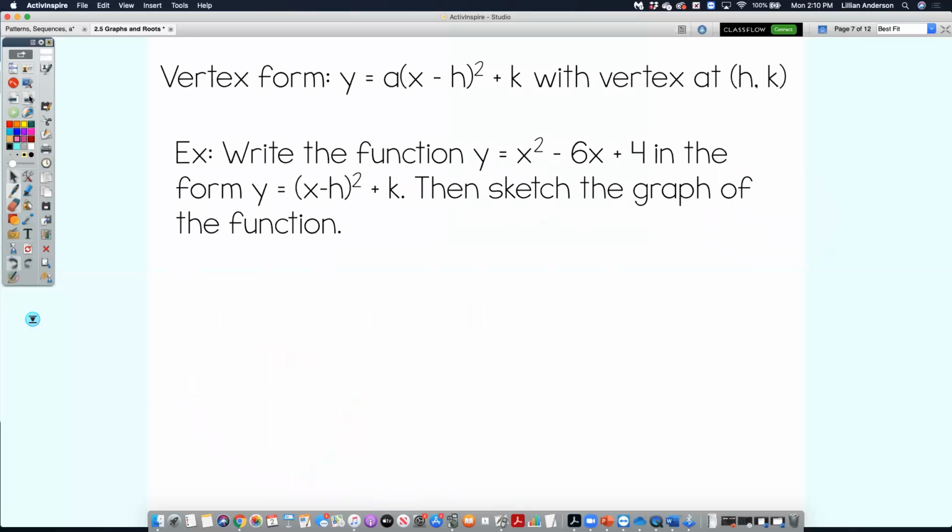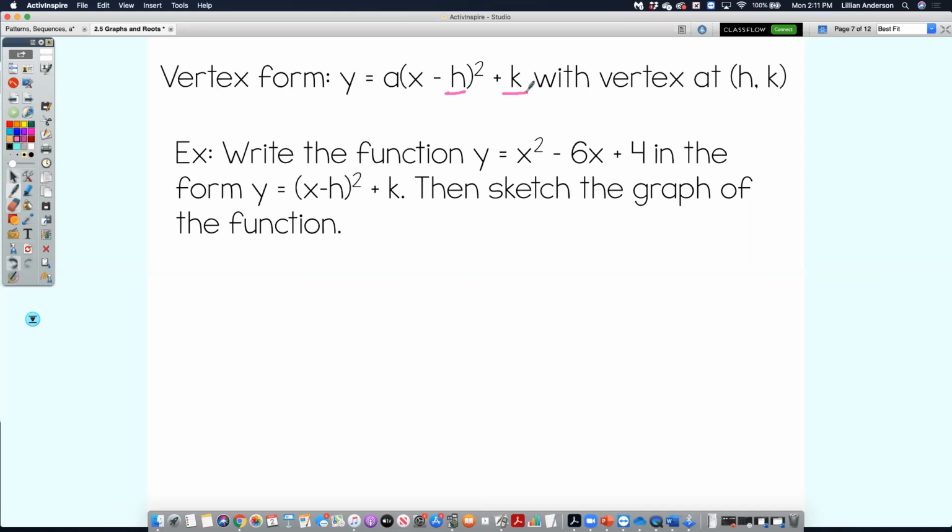Vertex form, that's another form. Vertex form is y equals a, parentheses, x minus h, squared, plus k, where the vertex is at (h, k). That's why it's called vertex form, because when it's in this form, your vertex is essentially given to you.